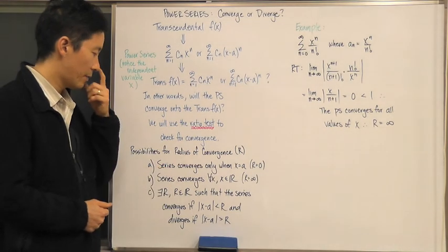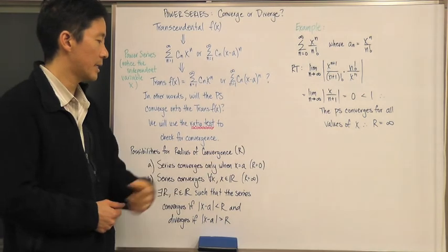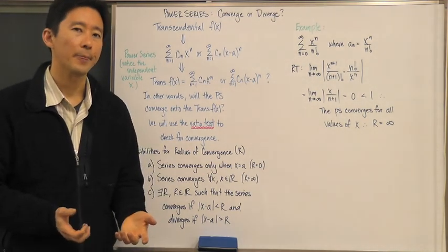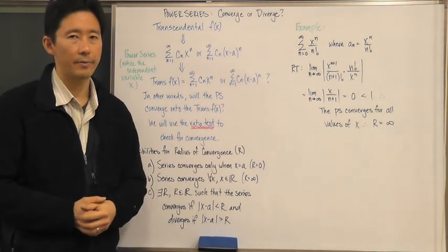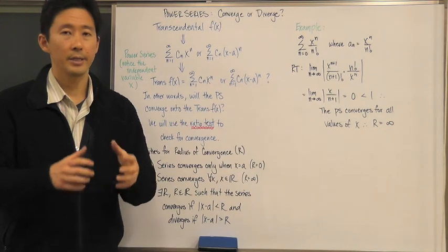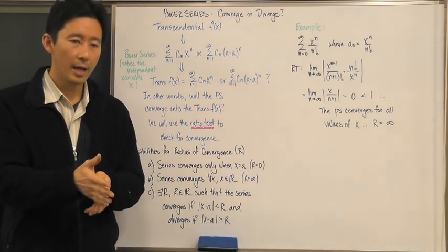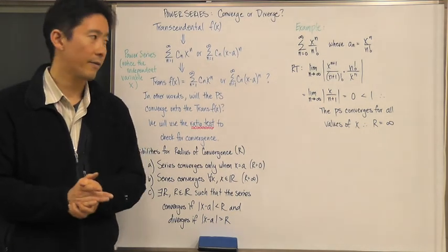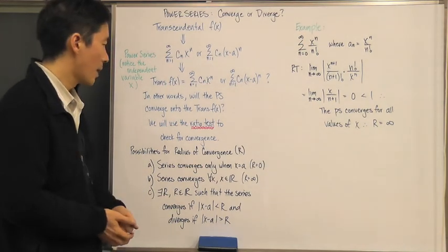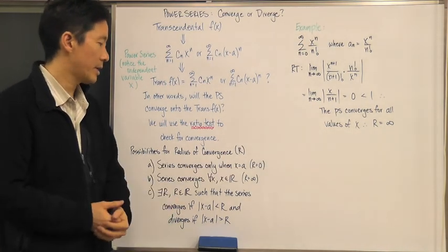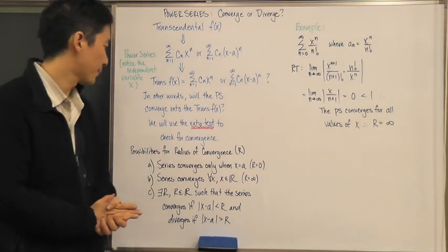Say, for example, the only possibility of convergence is when x is equal to a particular value of a. If that situation occurs, we say the radius of convergence is 0, because x can only assume the particular value of a in order for the transcendental function and the power series to give you the same exact value. So the radius of convergence is equal to 0 because a point doesn't have any length.